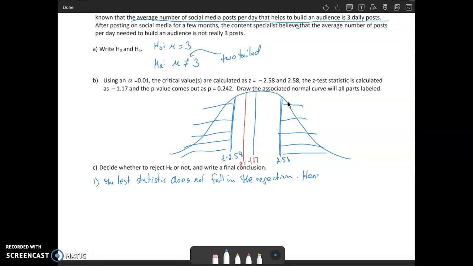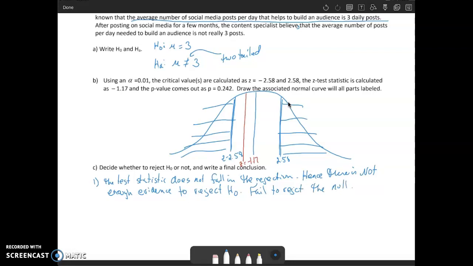Hence, there is not enough evidence to reject the null. We fail to reject the null.